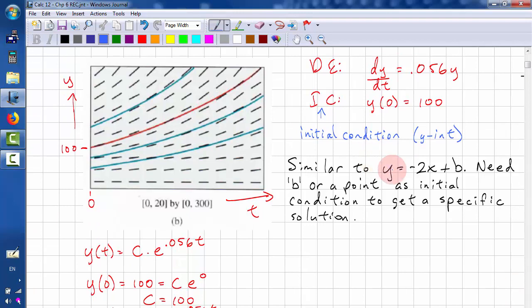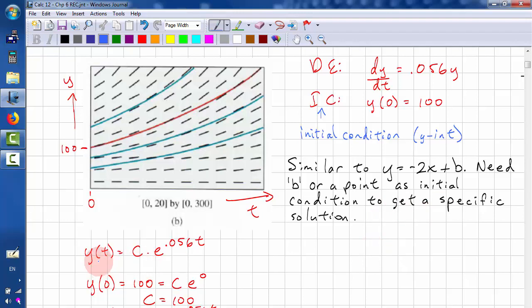And we have to think back, similar to y equals negative 2x plus b, there's an infinite number of solutions here. But if we pick a special b as our initial point, then we get a specific solution.